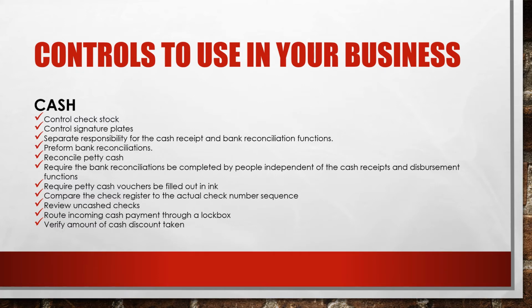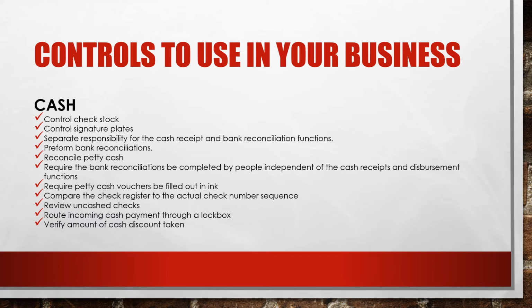Next, review uncashed checks. So kung there are stale checks or unclaimed checks, so you need to review. Okay, of course, that will affect the cash. So if there are unclaimed checks, it means that there is available cash to be used.